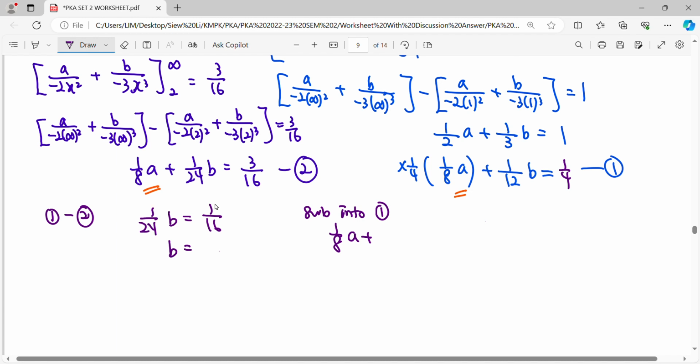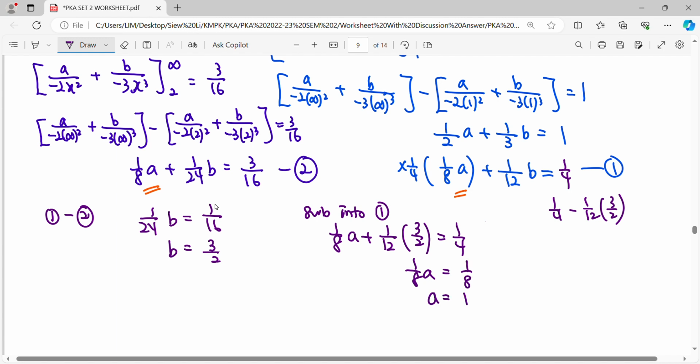So this one will be 3 over 2. How much do we have here? 1 over 4 minus 1 over 12 times 3 over 2, which is 1 over 8. So a equals 1. This is shown. And then b is found.